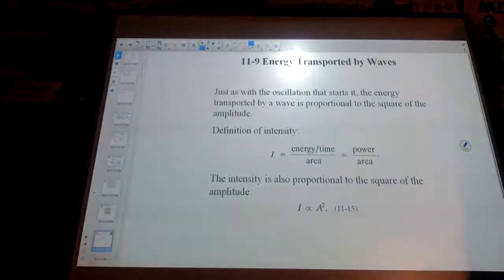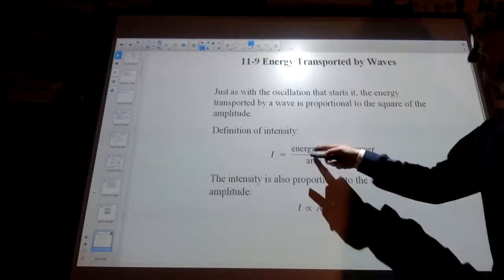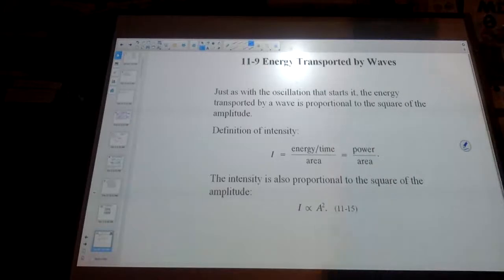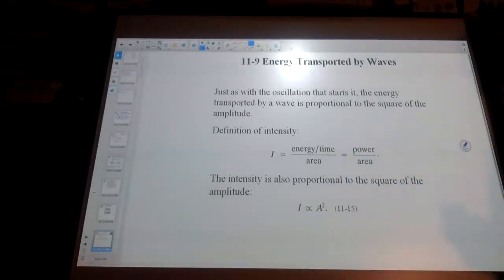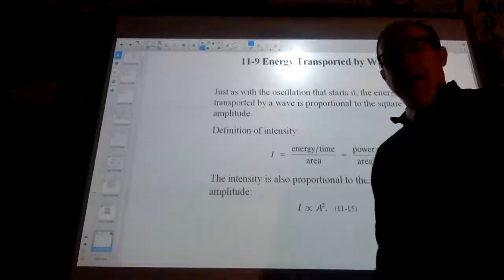We can relate our intensity to our power divided by our area. What's important to us is how it relates to energy.